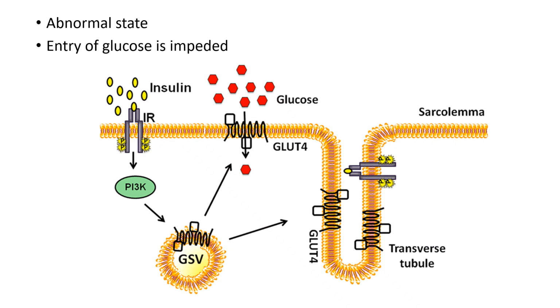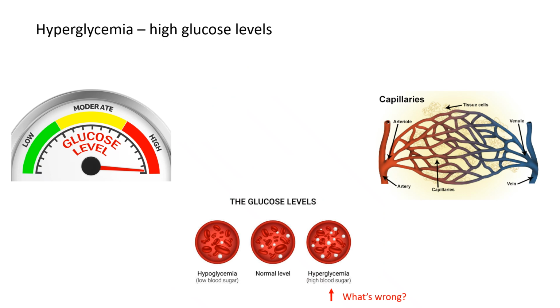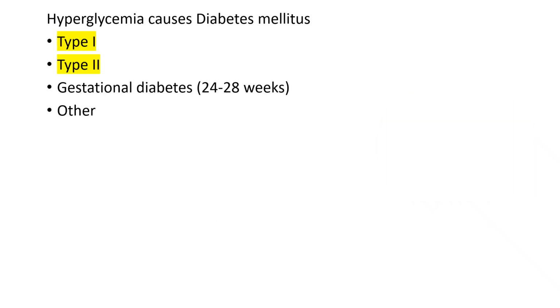Therefore, you're going to have elevated sugar outside, a process called hyperglycemia. Hyperglycemia is high glucose outside of the cell. That is what is wrong. Those patients have diabetes mellitus.